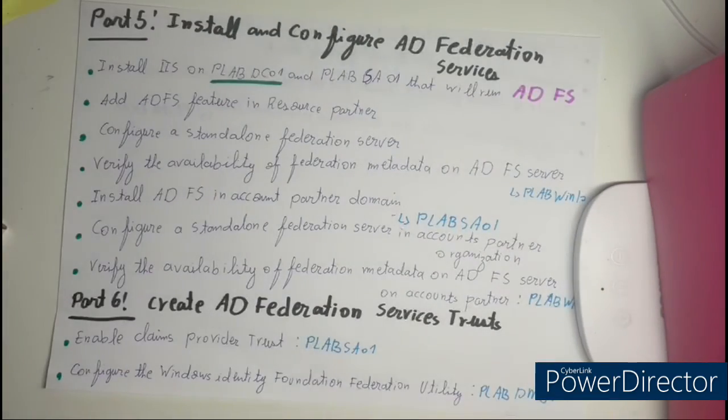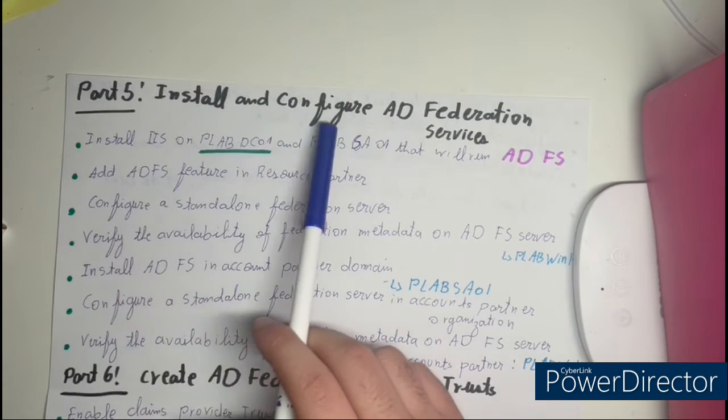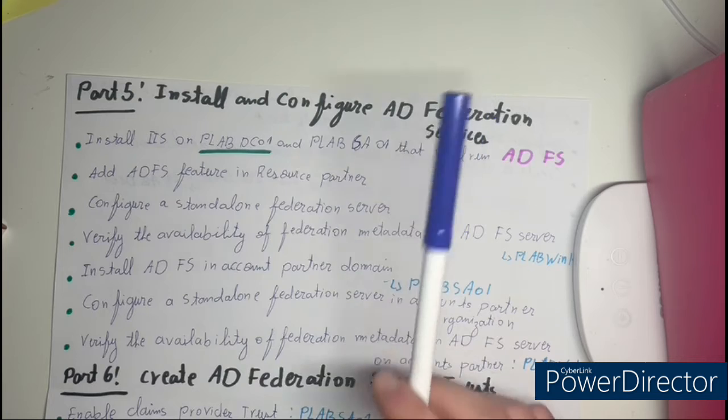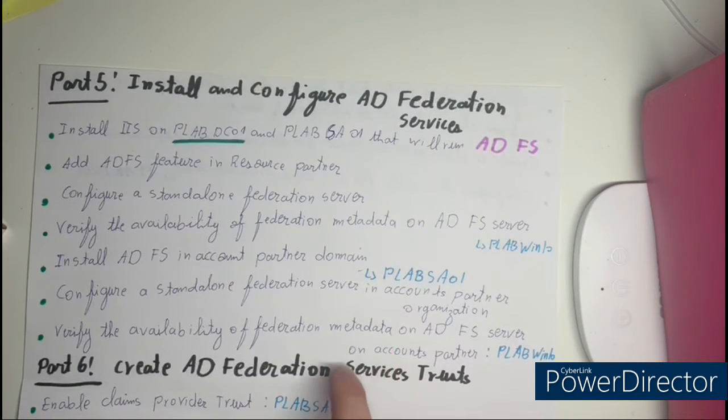So this is done with this page. Then part 5 will be installing and configuring the AD Federation Services. We will jump between different PCs and devices, from the plub DC01.